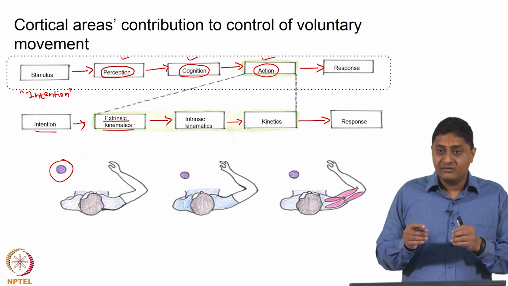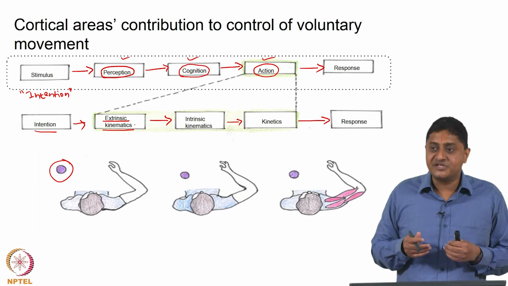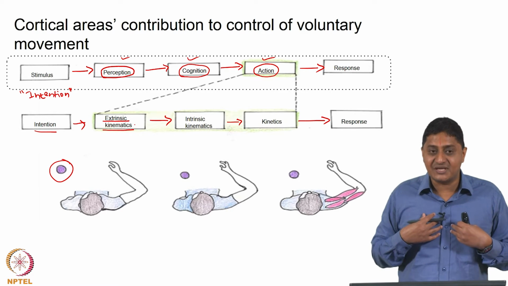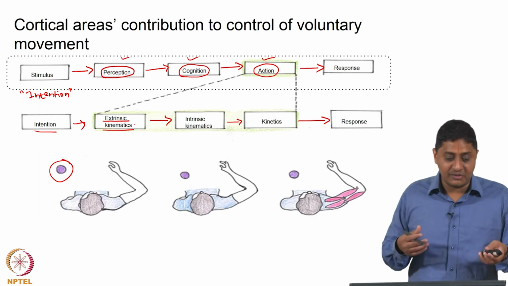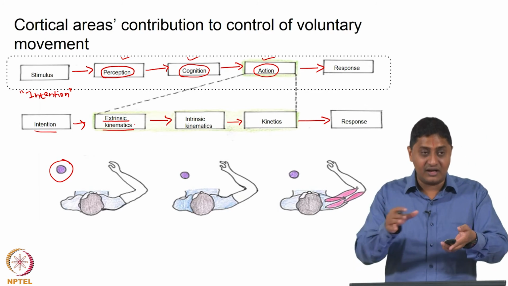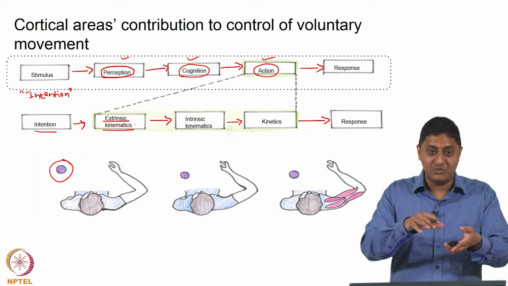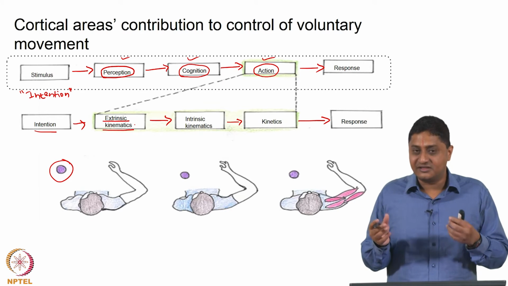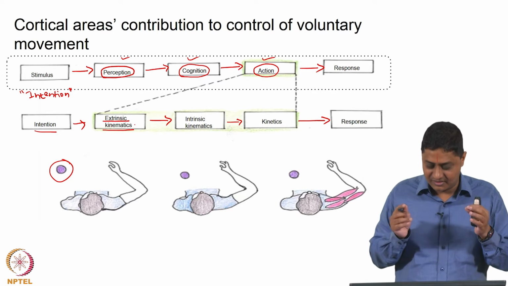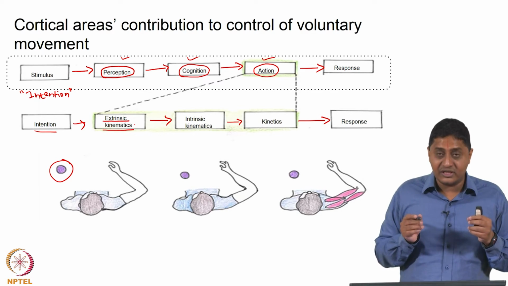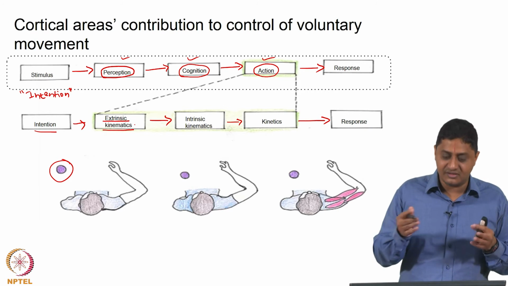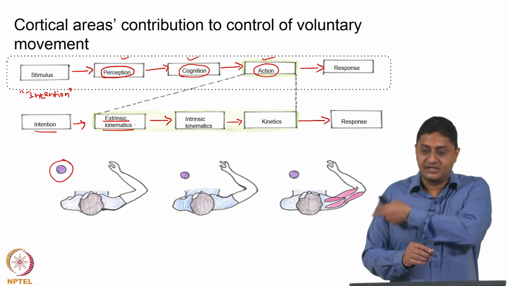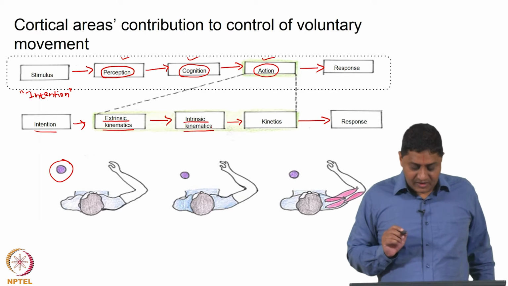At least we need to know which joints to activate. If I want to pick up the object with the right hand, it is the right hand that I must be moving, not my right leg. At least to some extent it is clear that there must be some decisions made, so that if I have to move my right hand, what is the joint angle I will have to make with each of the joints involved.